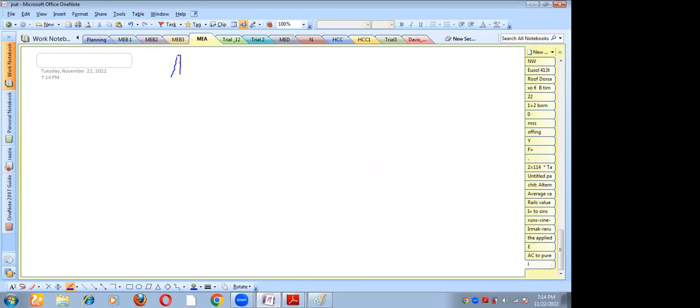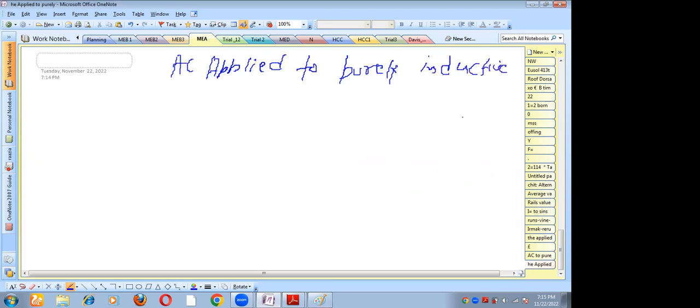So you can see AC applied to a purely inductive circuit.